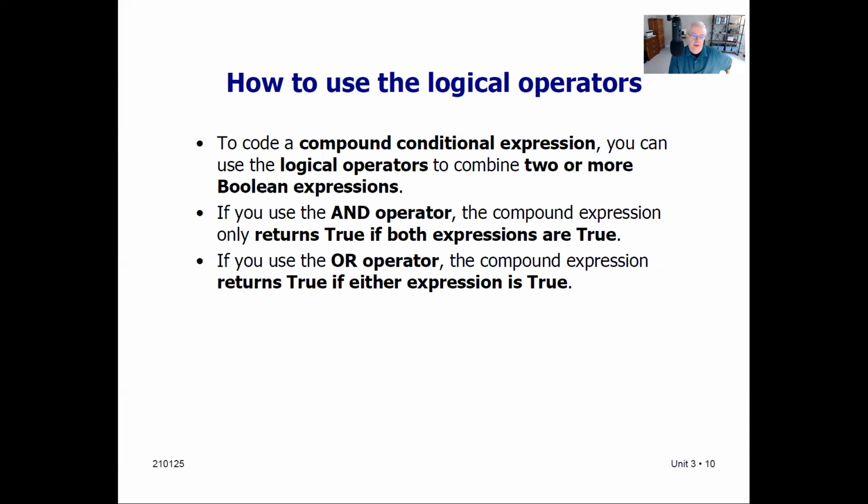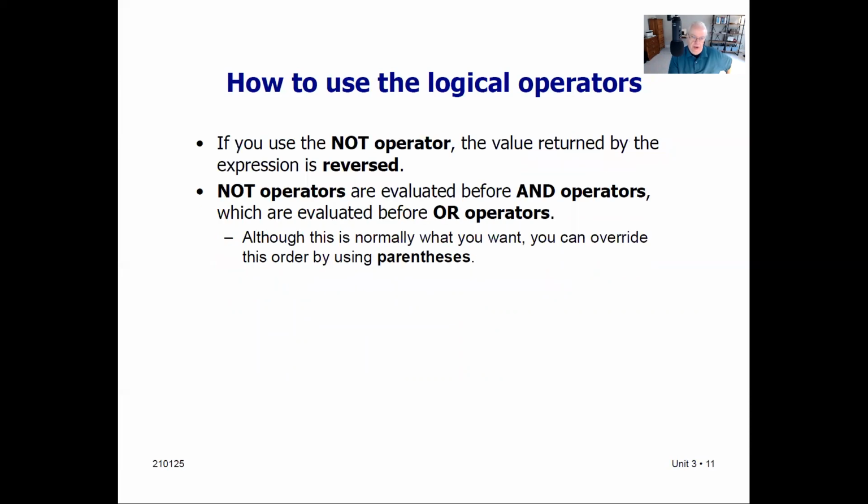So realize that or returns true if either of the expressions is true. And just realize once it hits true on the first one, this stops. That's the end on an or. There's one more. It's called the not operator. And the value returned by the expression is going to be reversed, okay?